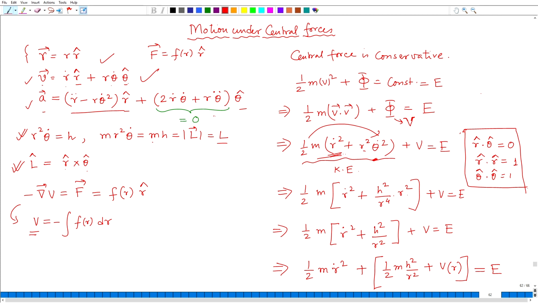And as I said in the last lecture, the motion under a central force can always be thought to be effectively one dimensional. So, if you think of this as an effective one dimensional motion, with that imagination you can think this is the effective kinetic energy and this is the effective potential energy, although you know that one part of the effective potential energy is actually the kinetic energy in practice, which comes from the cross radial part of the velocity.